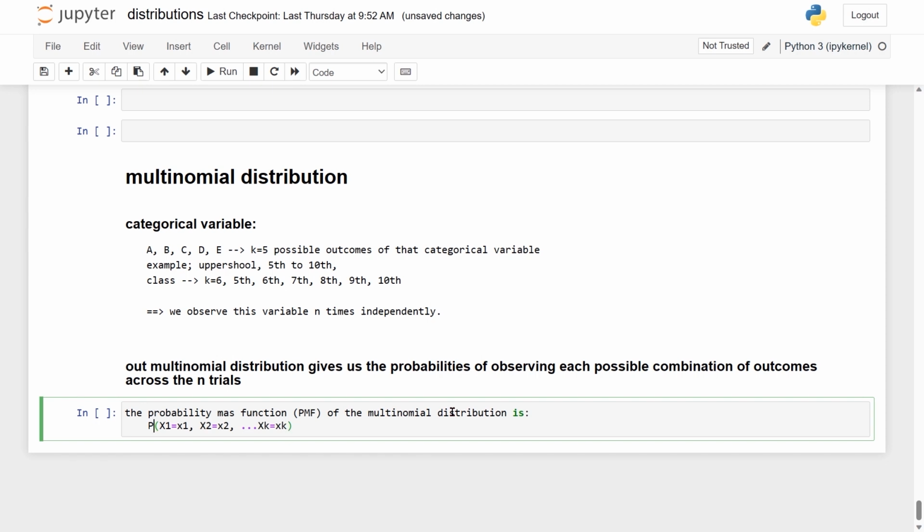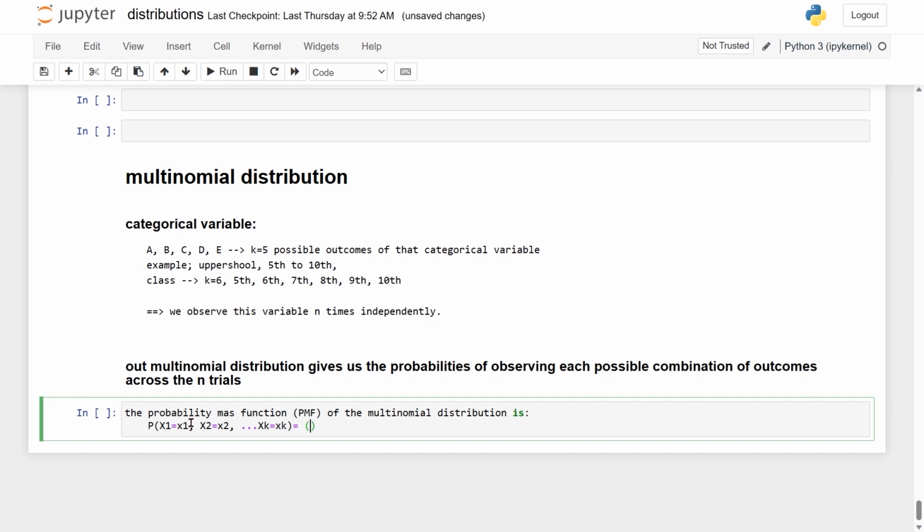This is the probability of getting x1, the A category, and the B category, and the C category, if the experiment was repeated n times. Getting a certain category is a success here.